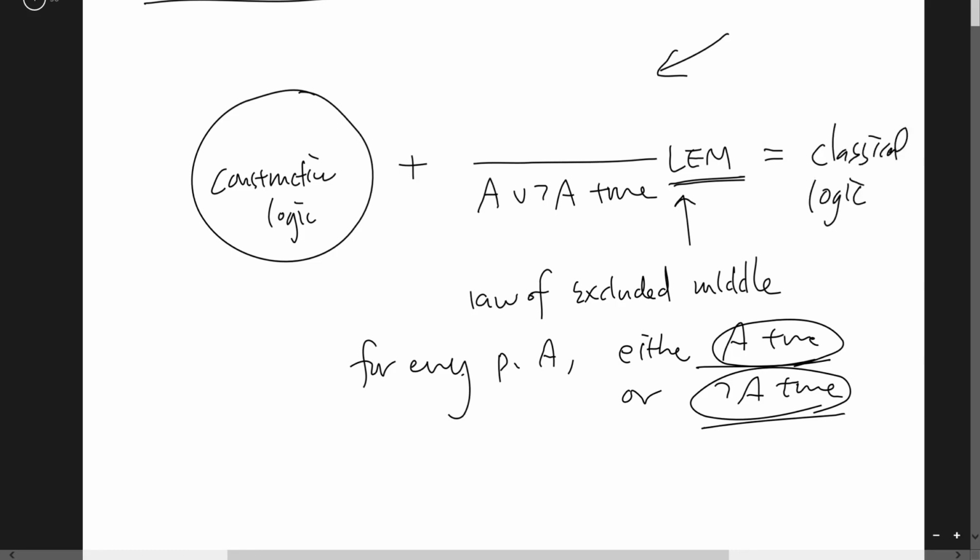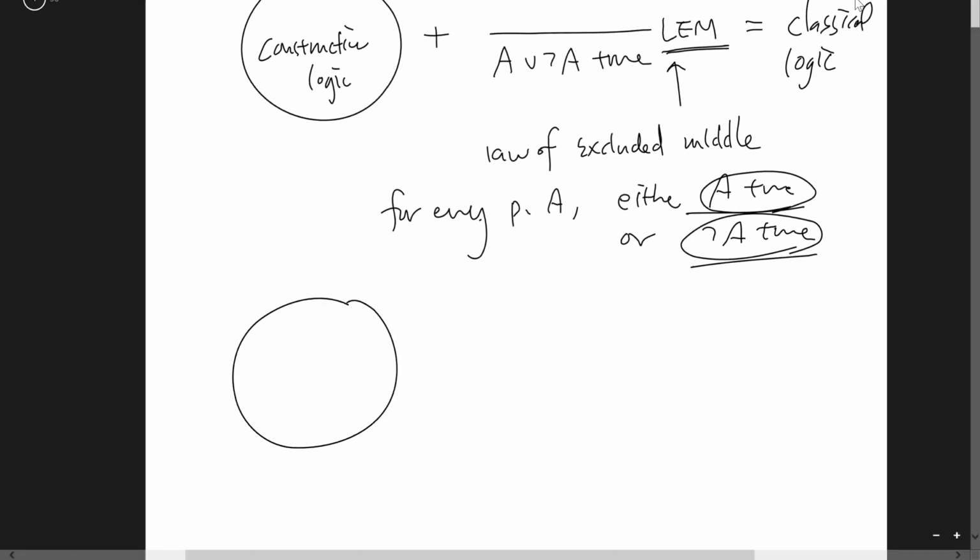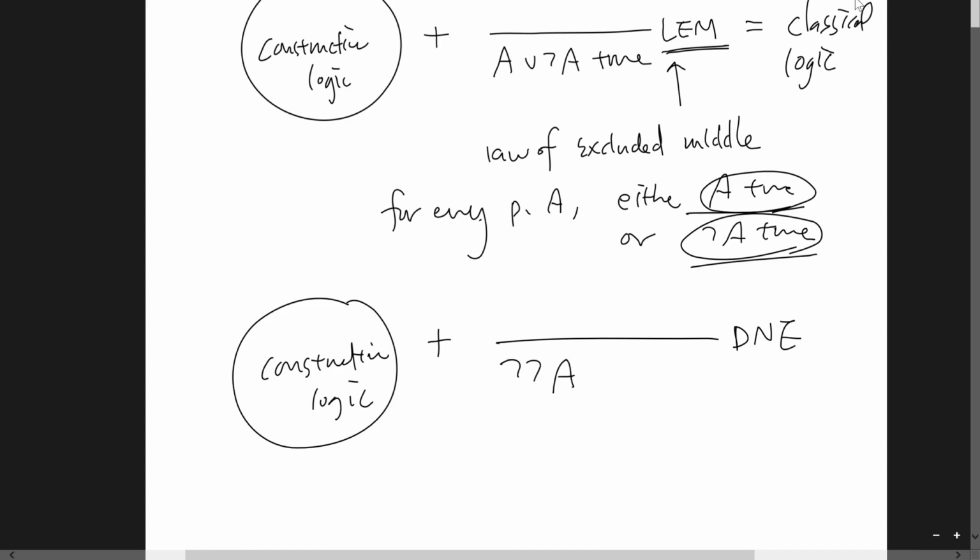And there is another way to obtain classical logic as an extension of a constructive logic. This time we have this constructive logic, and we add this rule called double negation elimination, which reads: double negation A implies A true. So for every proposition A, we have this one as an axiom.